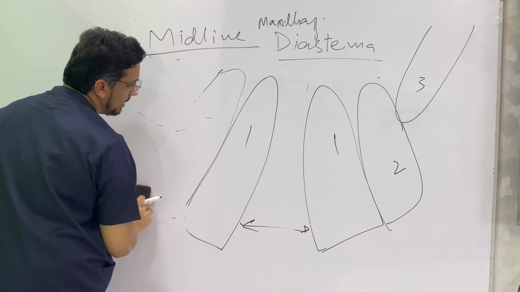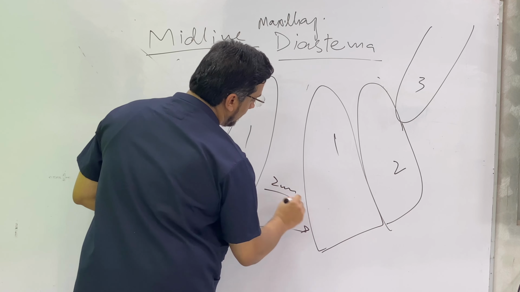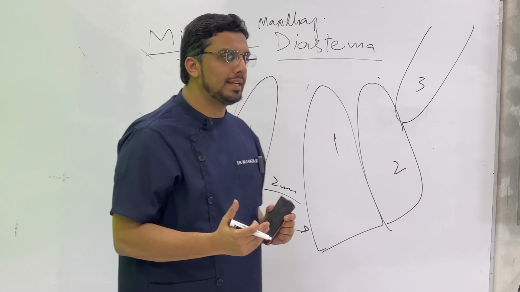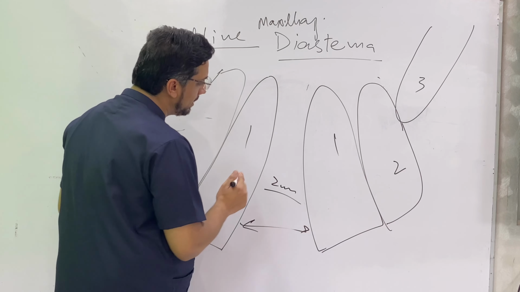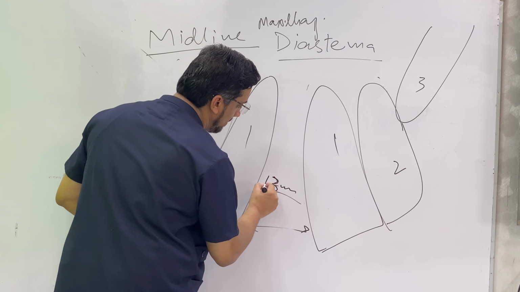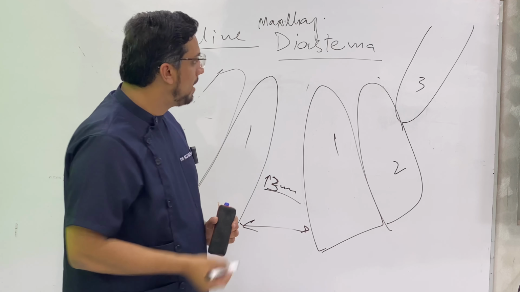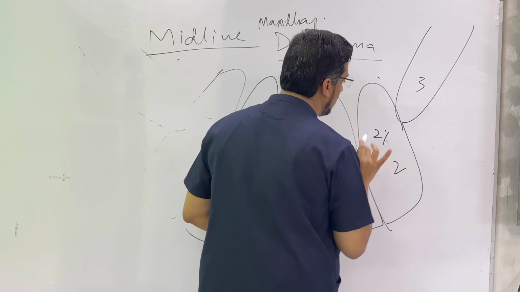However, there are certain conditions, but the range of this gap is around 2 millimeter. If the gap is up to 2 millimeter, you do not have to do anything, and it will close spontaneously. Why does it need attention? If the gap is more than 3 millimeter, then you need to investigate the cause in full depth and detail, because hypodontia or missing lateral incisors occurs in up to 2% of the population.